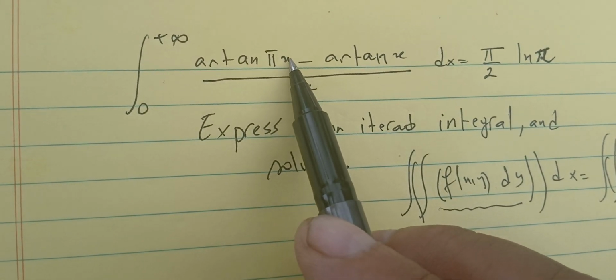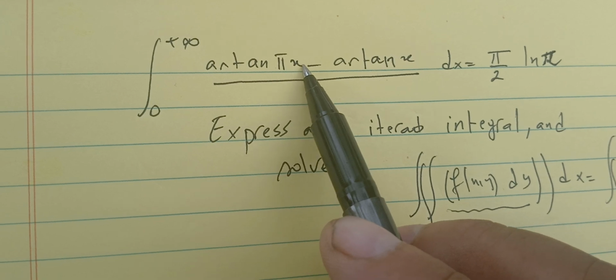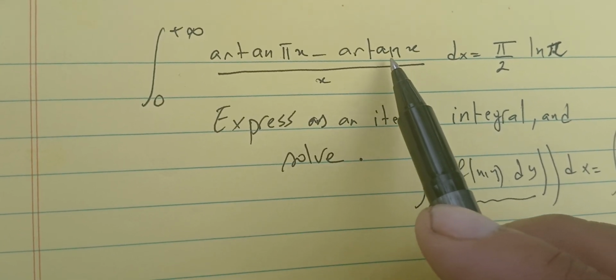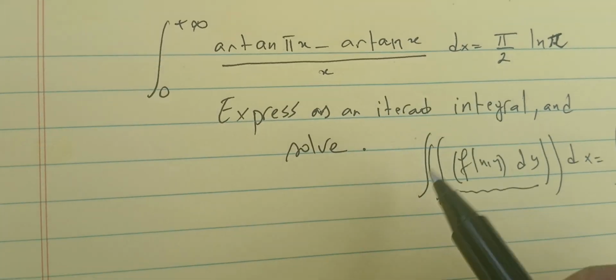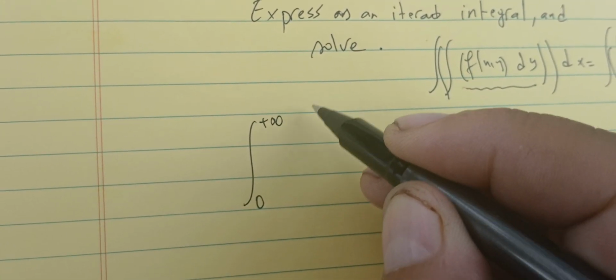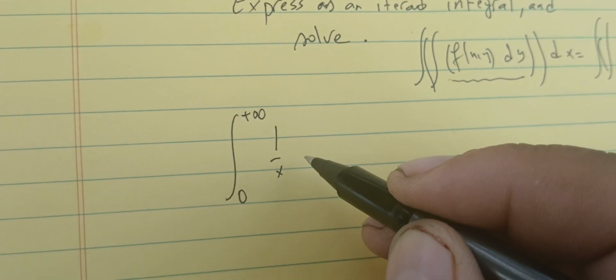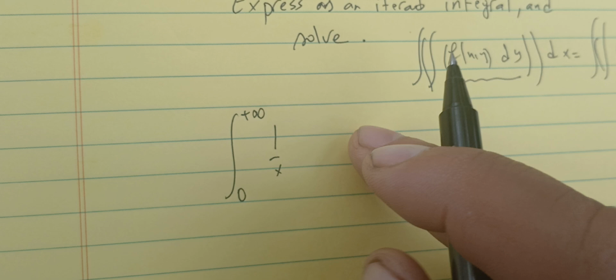But before that, we see here that we have arctangent pi x minus arctangent of x. That means if we want to express this one, we can do the following. Integral between 0 and plus infinity of 1 over x, where x was fixed and y was changing.